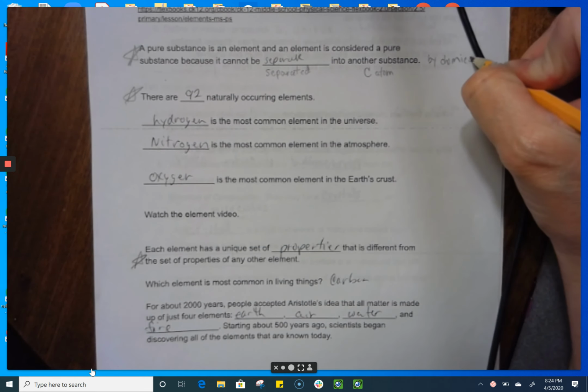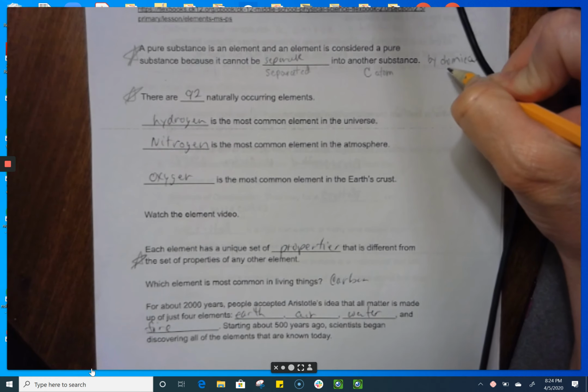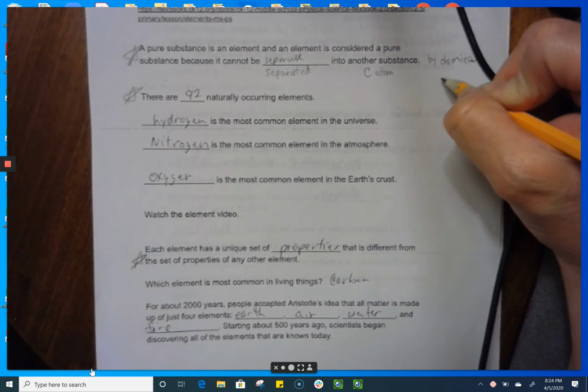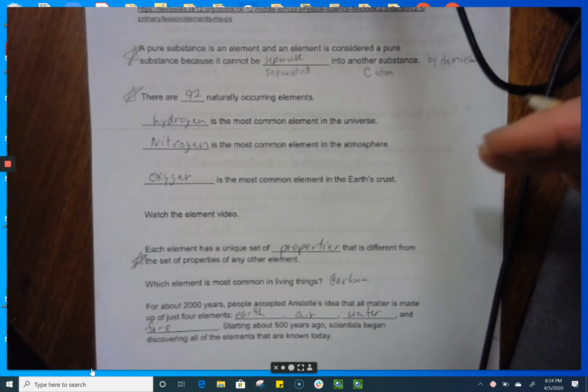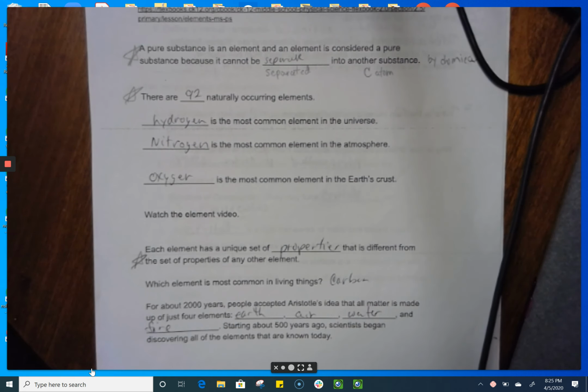So, for chemistry, when you have an atom, you're not going to be able to divide it chemically, and that's the smallest part of an element. If you had a gold bar and you kept dividing it down and dividing it down till you got to the smallest part that would still have the properties of gold, you would have an atom of gold.